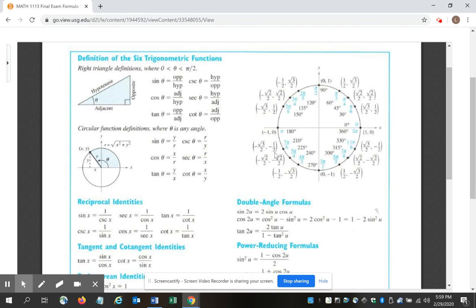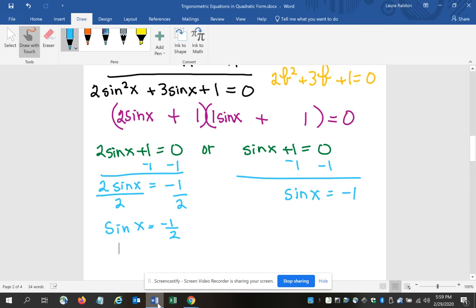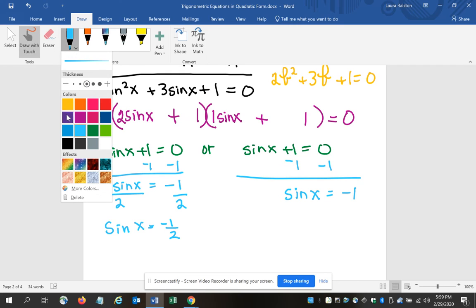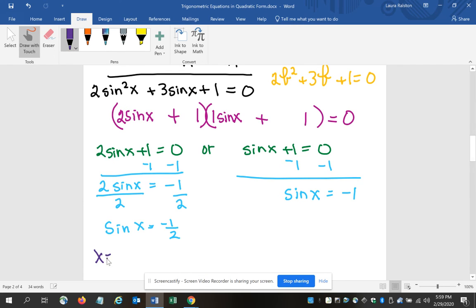I don't see a negative 1/2 until I get to the third quadrant. And in that quadrant, I'm at 7 pi sixth. So one answer would be that the sine of x is negative 1/2 at x equals 7 pi sixth.